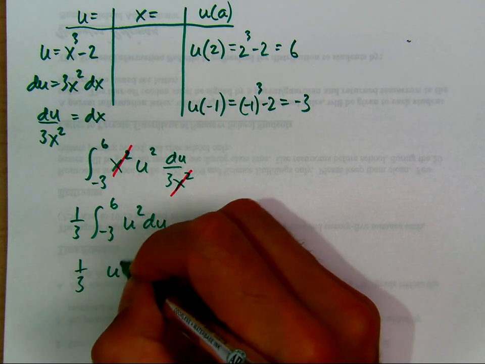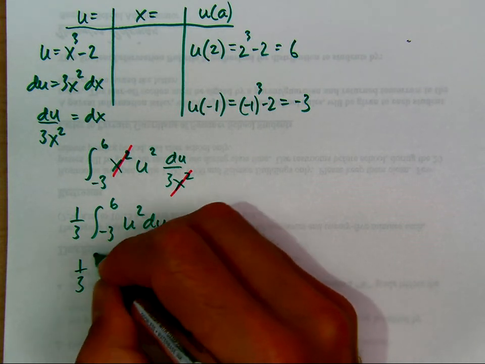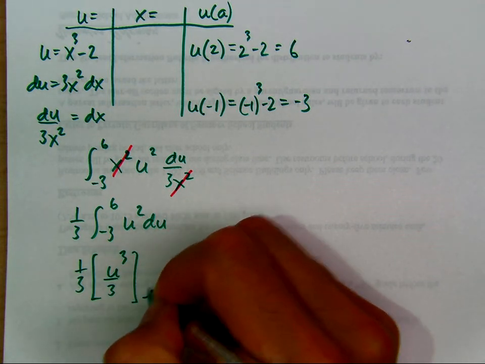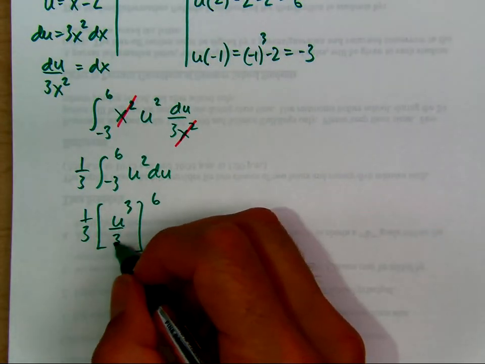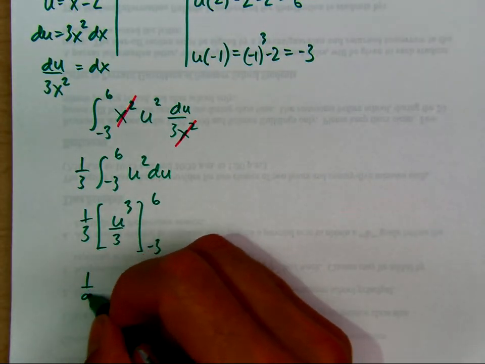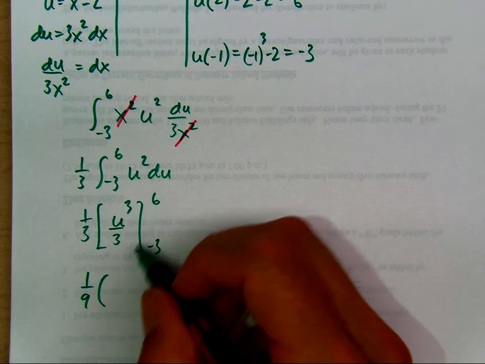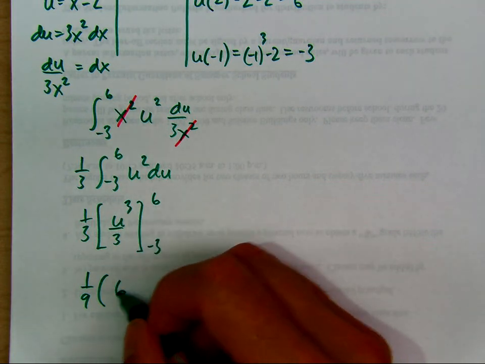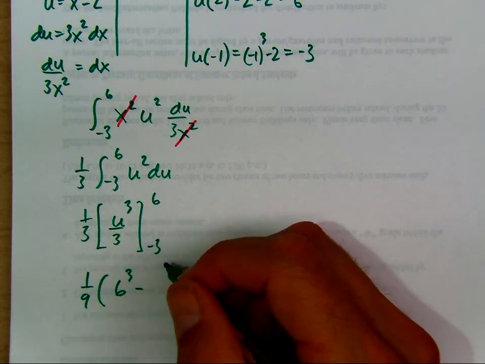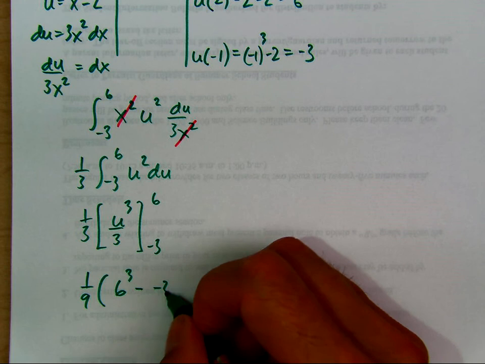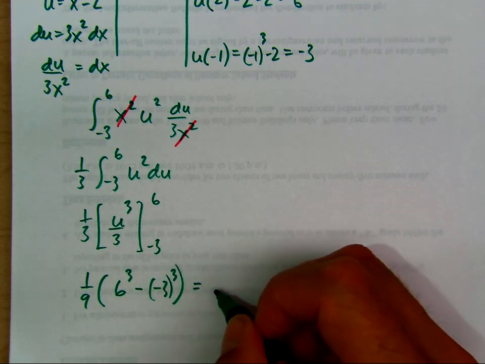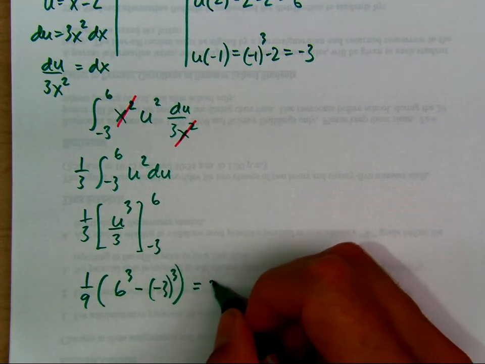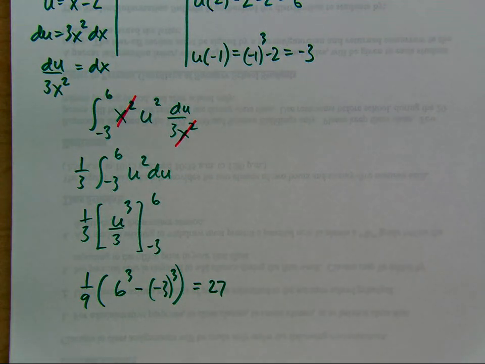And that'll be u cubed over 3 from -3 to 6. You can take the 3 out, so that's 1/9. And then we have 6 cubed minus -3 cubed. And here we get 27. And that's the end of that lesson.